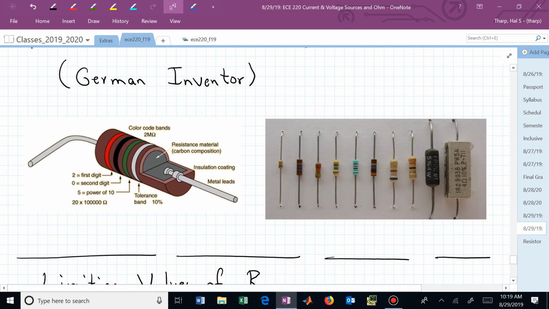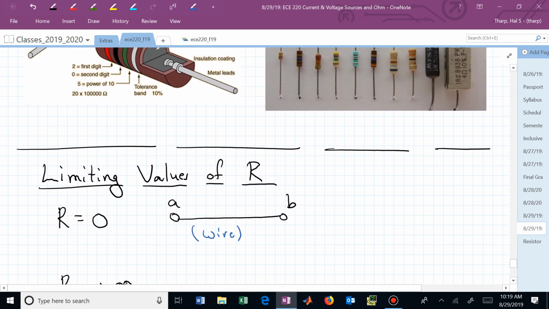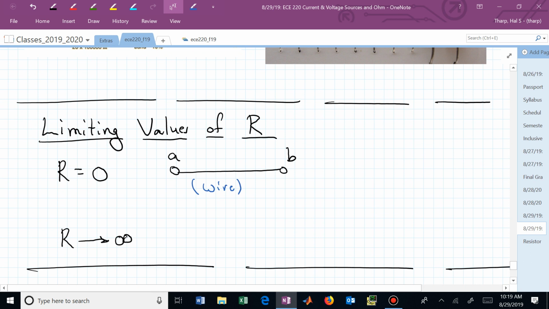We've already passed around a resistor just to give you a feel for what those might physically look like and how they might be constructed. Let's now talk about some limiting values of resistors. If R is equal to 0, there's no resistance between point A and point B. That's now just a wire. There's no voltage drop across that.